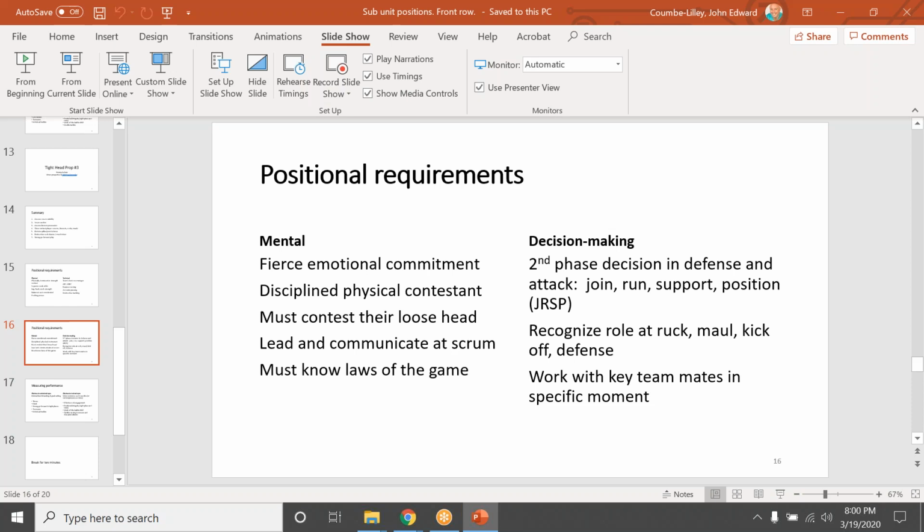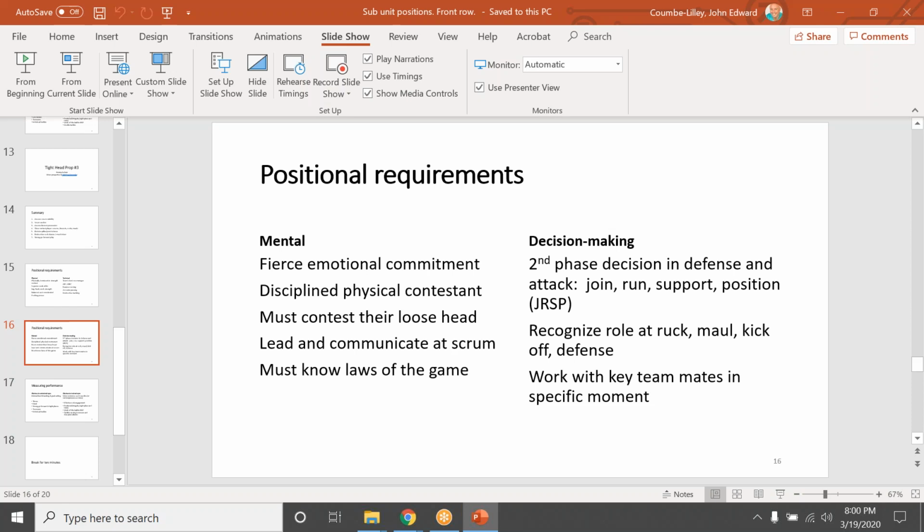If the tight head goes forward and gets on top of their loose head, the scrum is ours, no question about it, as it would be for our opponent. If our opponent gets on top of our tight head, we're going to have problems. So when we're thinking about the front row, we're thinking about all of the opportunities that the front row creates for us.